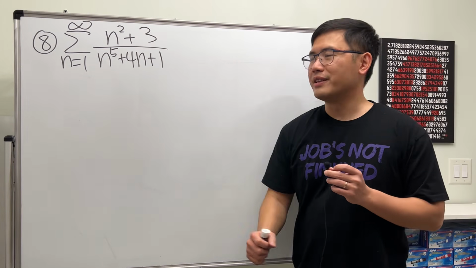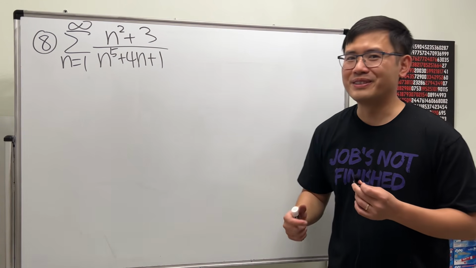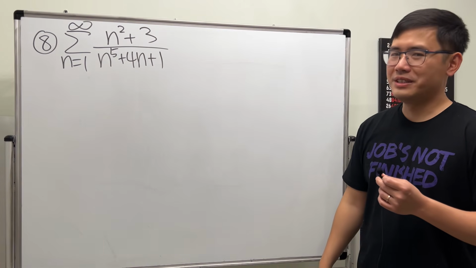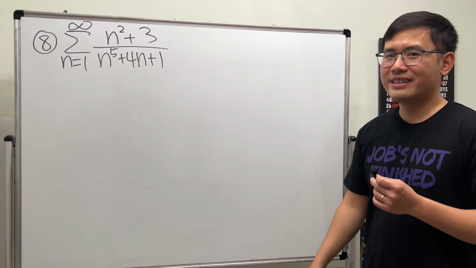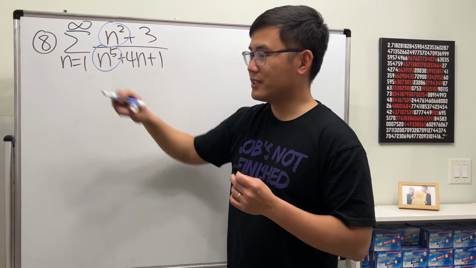Now, last question. This right here looks like a series that is calling out for us to use the limit comparison test, because of course I don't want to deal with inequality in such a situation. So let's go ahead and pick up the dominating part and see what it tells us.